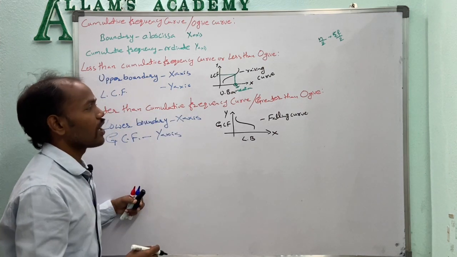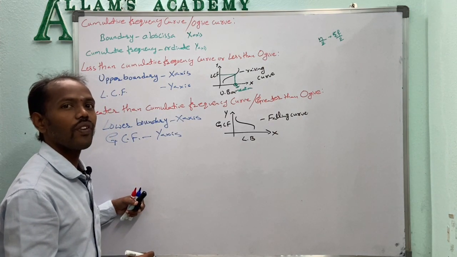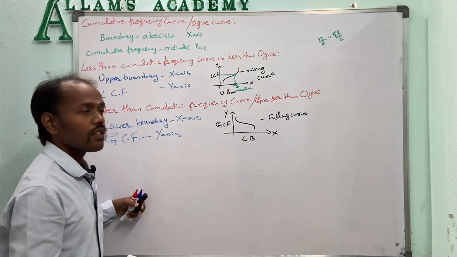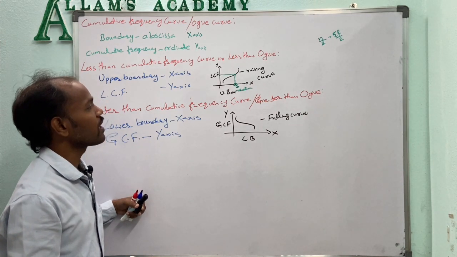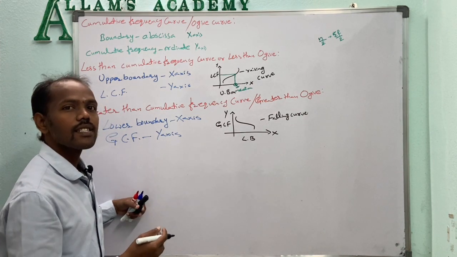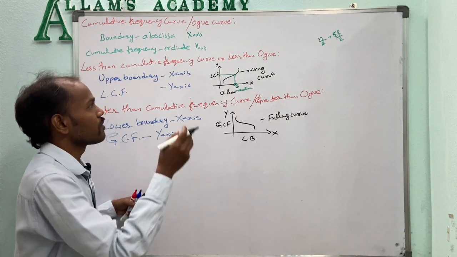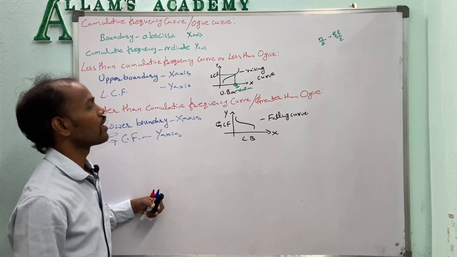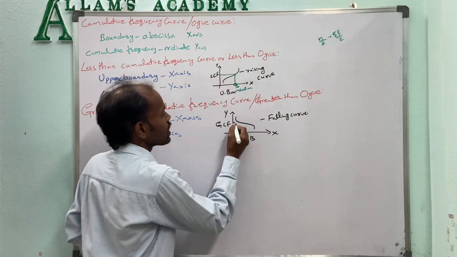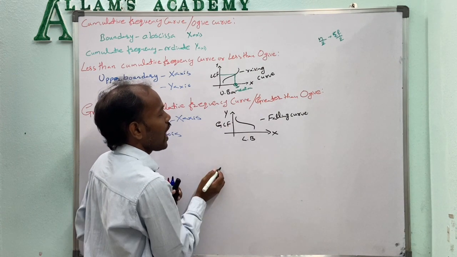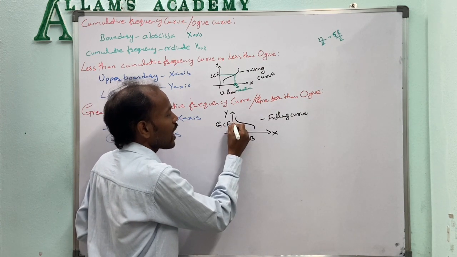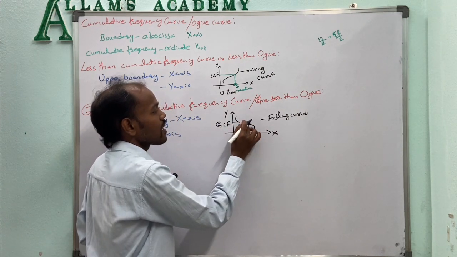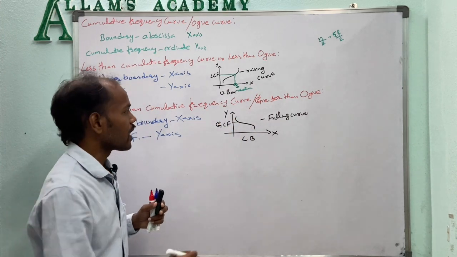Similarly for the greater than cumulative frequency curve, the first cumulative frequency is the sum of f, that is n. Half of that value again gives the n by 2 value. Take that n by 2 value on the y-axis and draw a line parallel to the x-axis. It also touches the curve at a point.